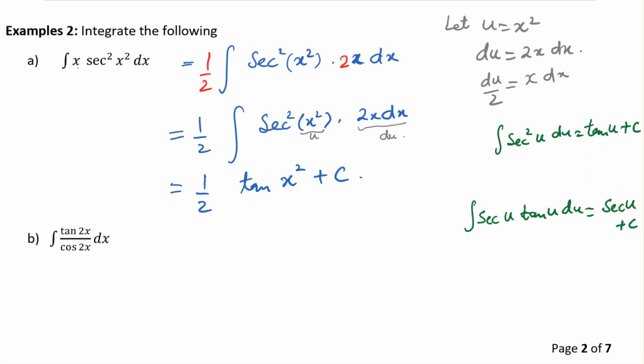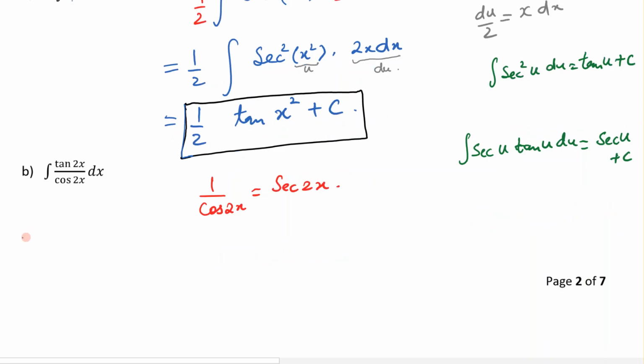We can easily make secant here using the relationship that 1 over cosine 2x is equal to secant 2x. Thus, we rewrite this as tangent 2x times secant 2x dx.